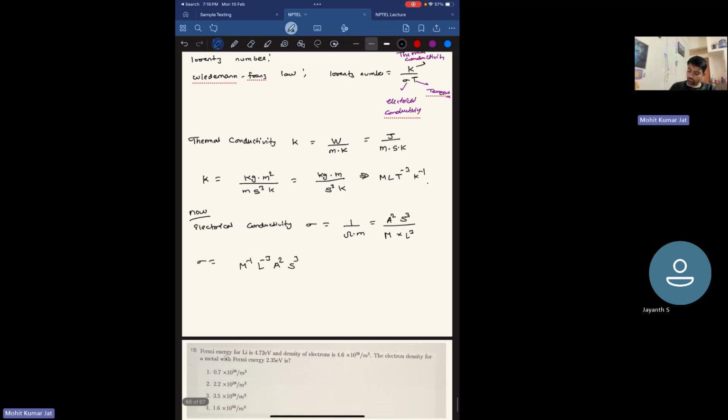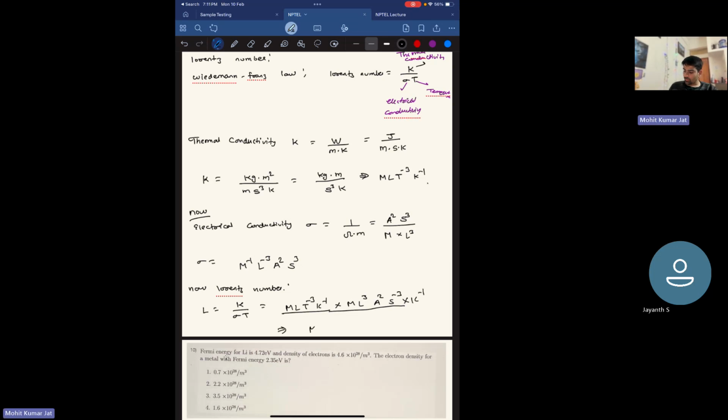And now the Lorentz number, L is equal to k by sigma T. That means k is M L T to the minus 3 K to the minus 1. Sigma inverse will be M L cube A to the minus 2 T to the minus 3, and then there will be Kelvin on the bottom, K to the minus 1.